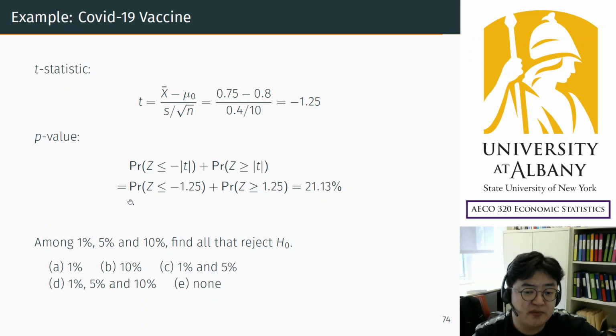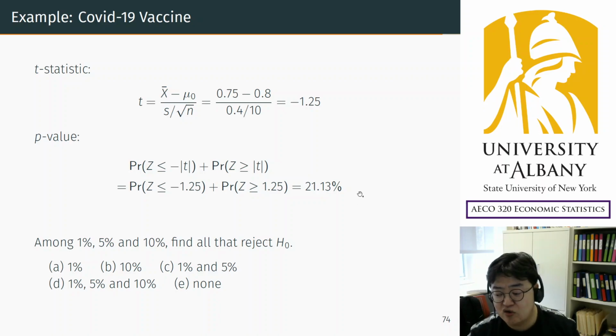We calculate probability outside plus minus 1.25, which you are going to get 21.13%. And remember, up to here, I did not give you the significance level, alpha. Alpha is not needed to calculate this one, either p-value or the t-stat.